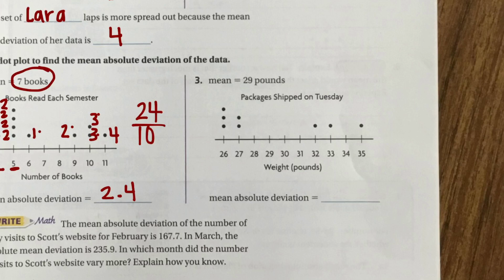All right, so what's my mean? 29. So I have to find the distance between 29 and 26. What do I get? Now each dot needs to be 3. We got to count the dots. 27 and 29 is 2. 32 and 29 is 3. 33 and 29 is 4. 35 and 29 is? 6. So now I have to add all those up. So that's 9, 10, 11, 12, 13, 16, 26.